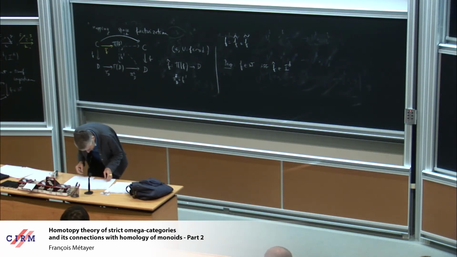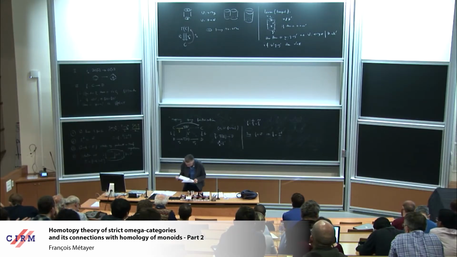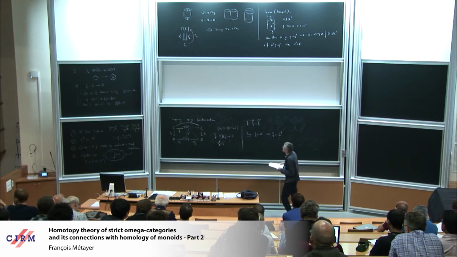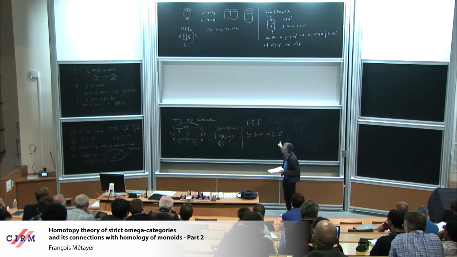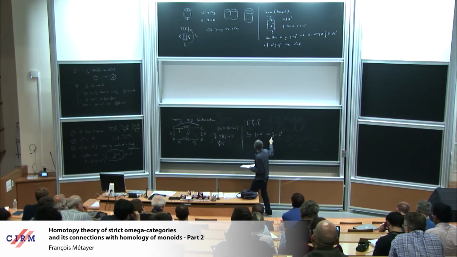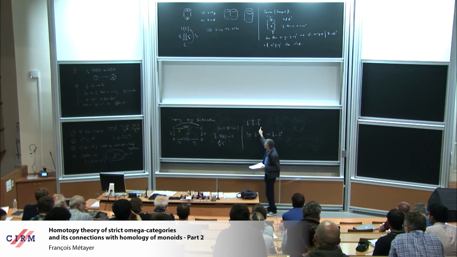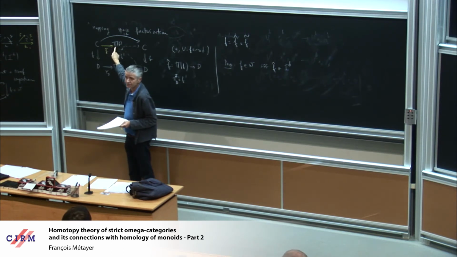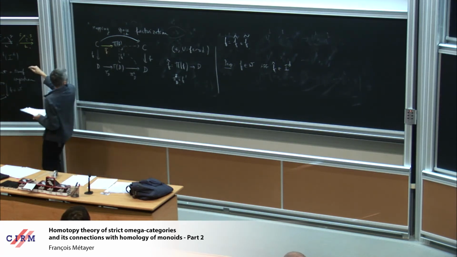Okay, so how does that go? So in one direction, it's very easy because if F hat is a trivial fibration, as this one is a weak equivalence, then yes, of course.